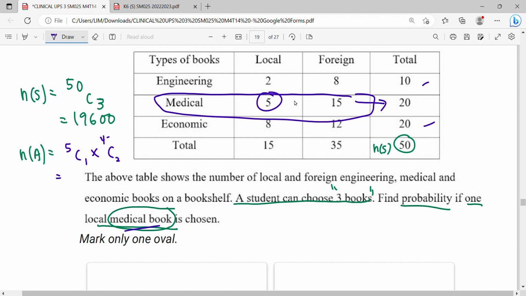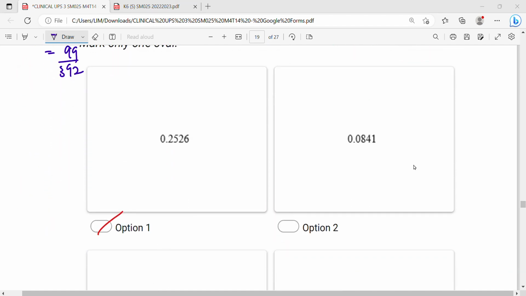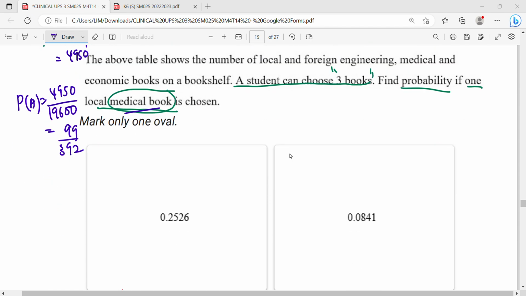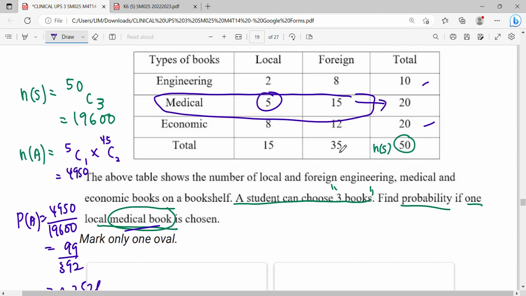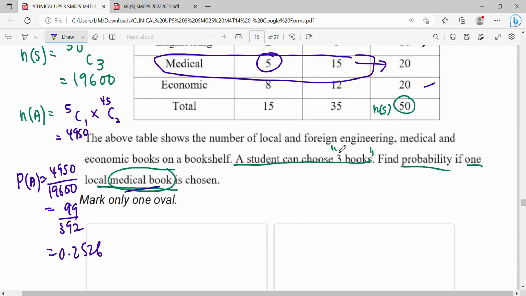So the rest remaining is 45. So the probability to get this event is 4950 divided by total. Correct? Oh, decimal. 2526, yes. Done.